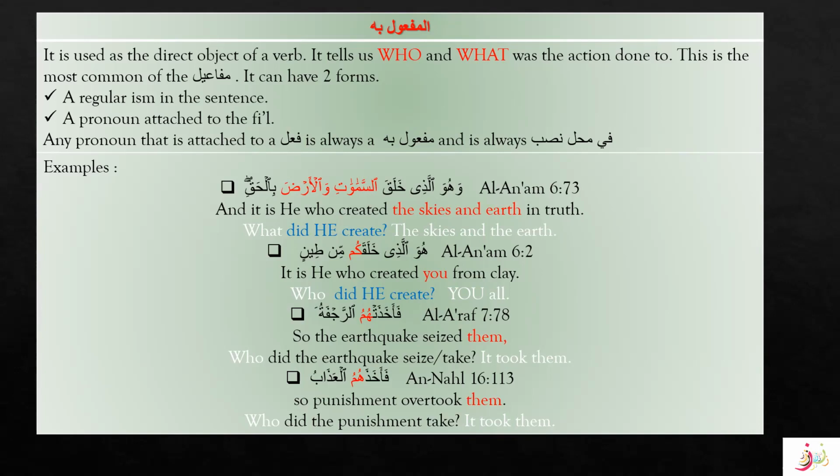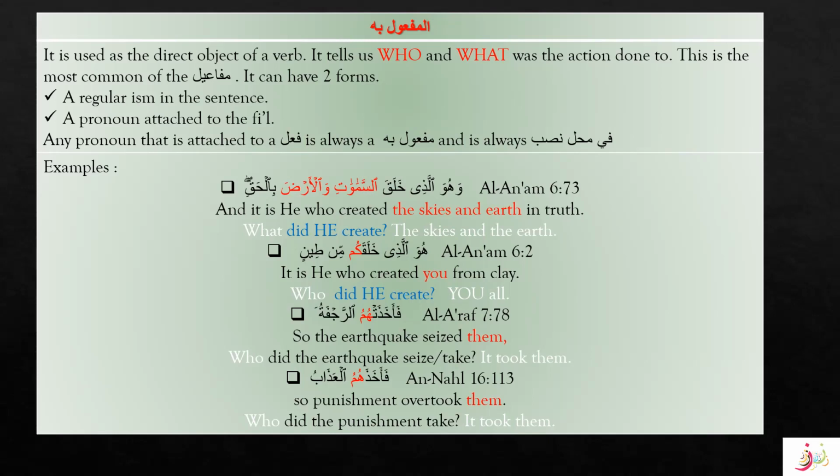This is the most common of the maf'ul, you can say, and it can have two forms. The first form is when it is used as a regular ism in the sentence. Inshallah, we'll see the examples. The second type is a pronoun attached to the fi'l, which is then a maf'ul bihi. In the earlier studies, I mentioned to you that whenever there is a pronoun attached to a fi'l, that is a maf'ul, and it is always fi mahalli nasb, and it is a maf'ul bihi.